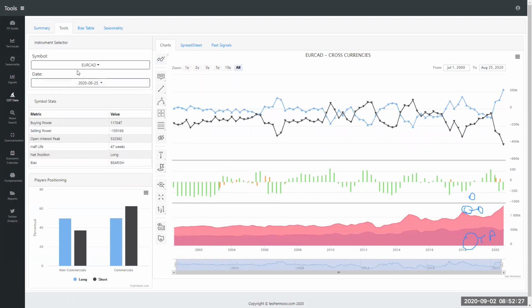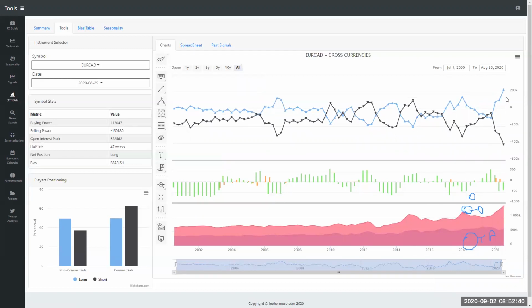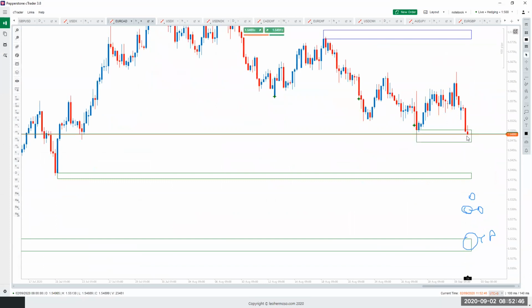I mix the Euro data against the CAD data, so we can have a EuroCAD data. So right now we know that the EuroCAD is extremely stretched, so we should expect some downside to the EuroCAD. So the smart trade right here is yes, to trade the breakout to the downside.